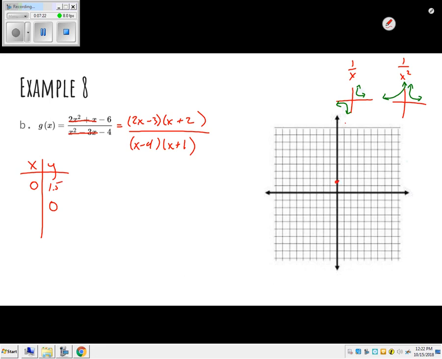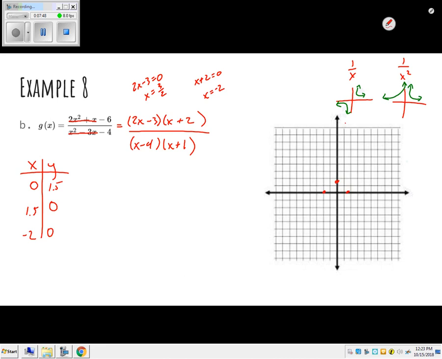And then the whole reason for factoring this was to see if something did cancel, but if not, I could add 3 and divide by 2. I get 1.5 again for an x-intercept. That's just a fluke, that doesn't happen very often. And then x plus 2 equals 0, so I get x equals -2. So there's actually, like we had in that first example, a couple of x-intercepts on this.